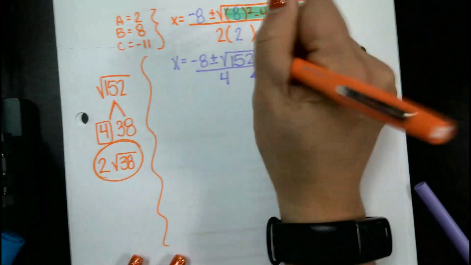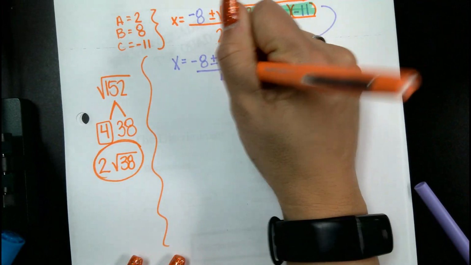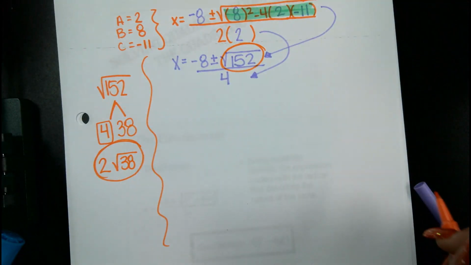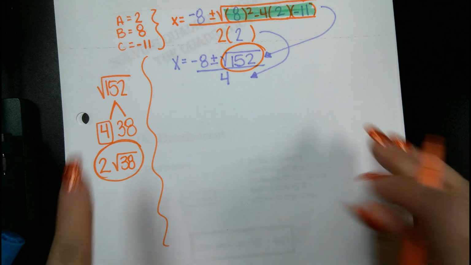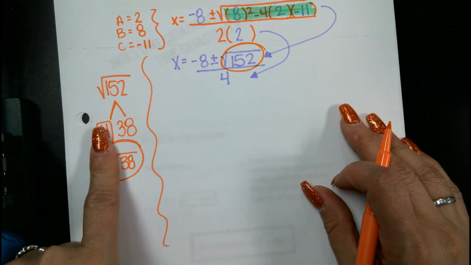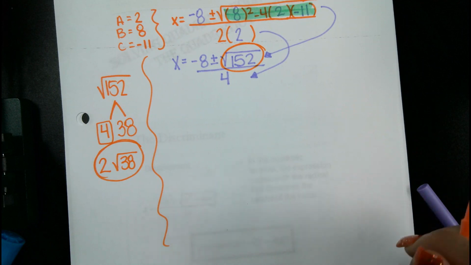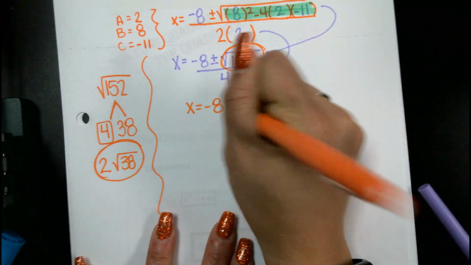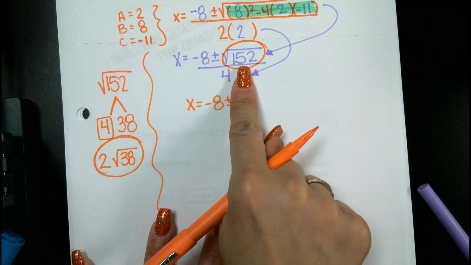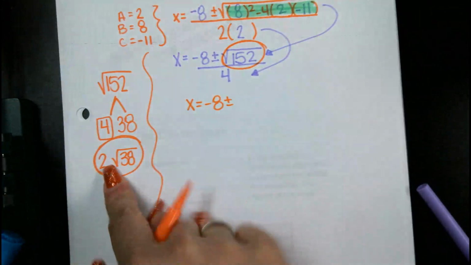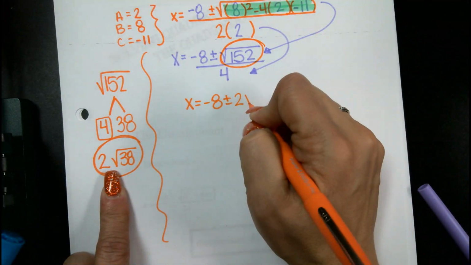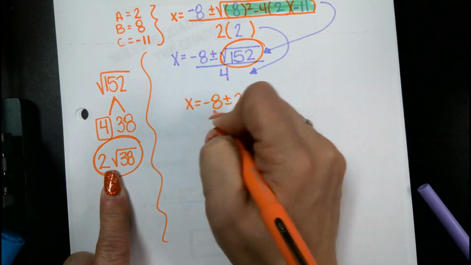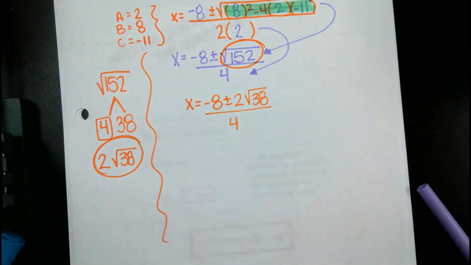If you use my method, if you use the biggest perfect square, the other number should not break down. That's why I teach it that way. So I'm going to take the square root of 152 out, and I'm going to replace it with what we just found, the 2 square root of 38, and then the bottom stays a 4.